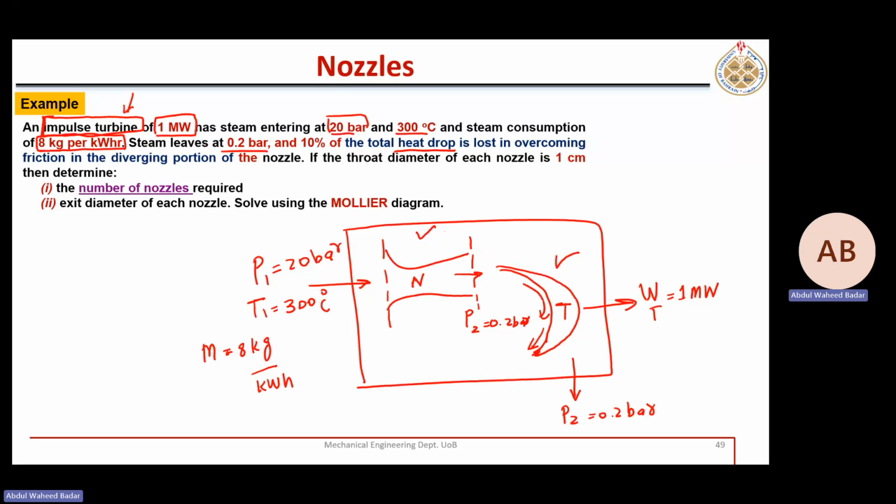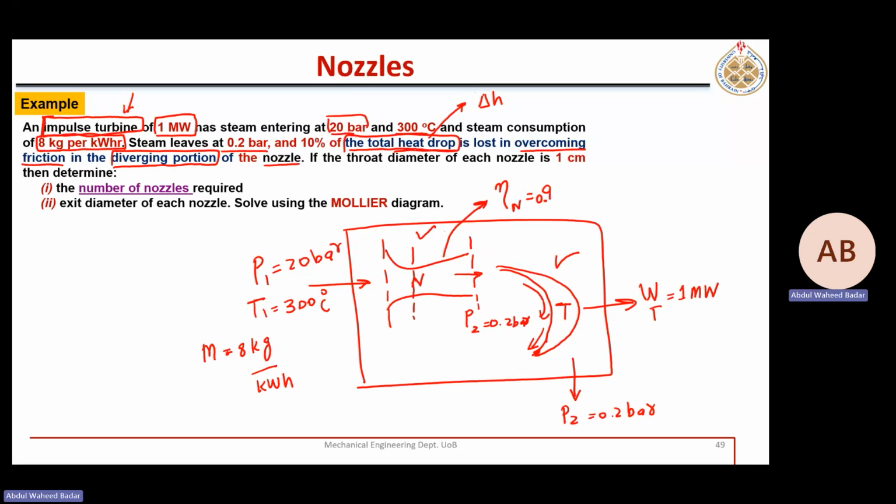And 10% of the total heat drop. Total heat drop means delta H, U plus PV. 10% of the total heat drop is lost in overcoming friction in the diverging portion of the nozzle. So, in other words, 10% is frictional losses. It means nozzle efficiency is 90%.